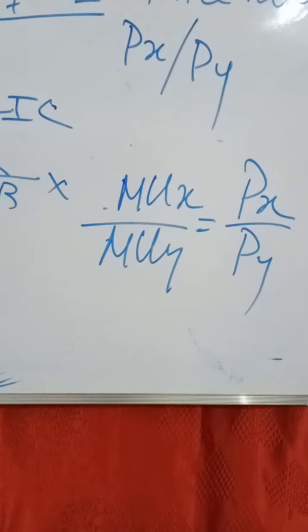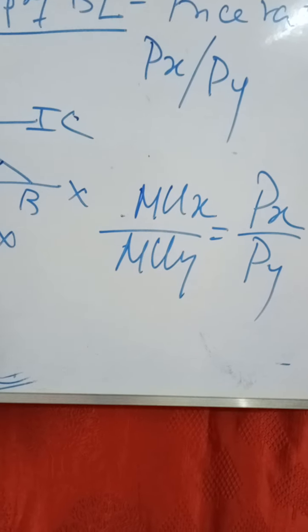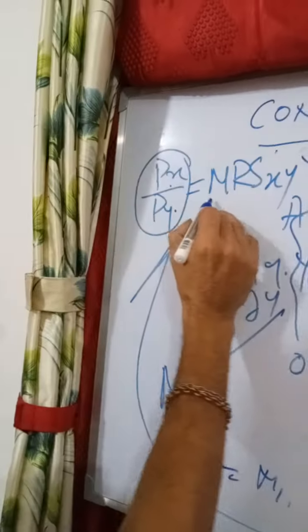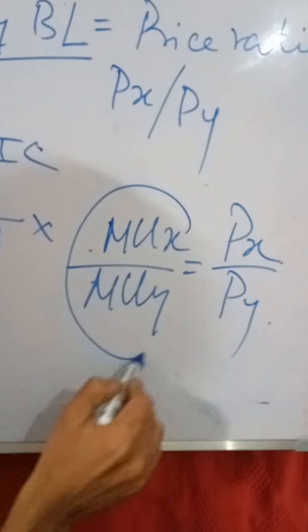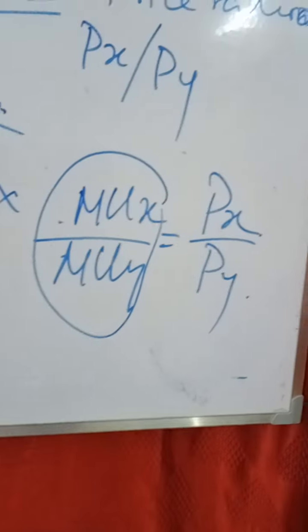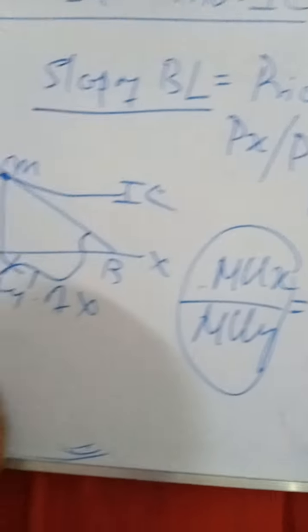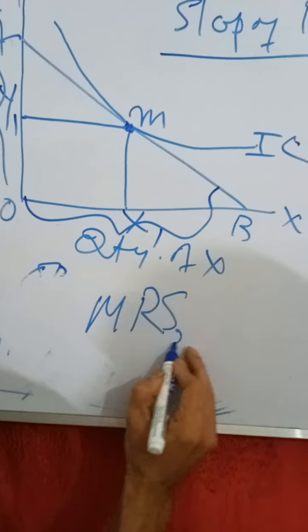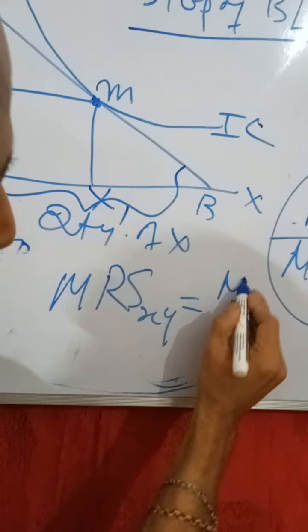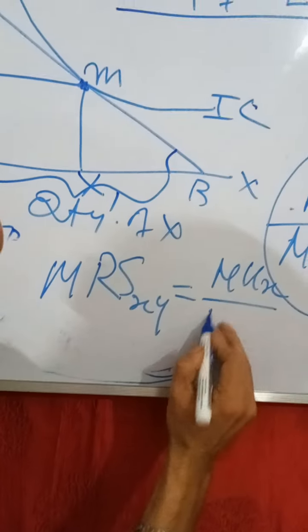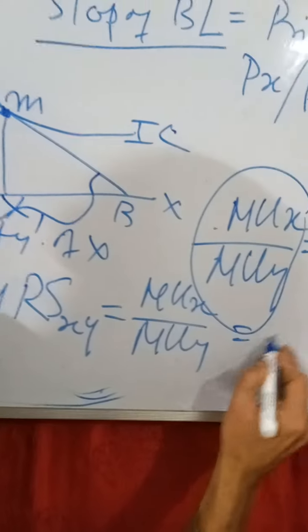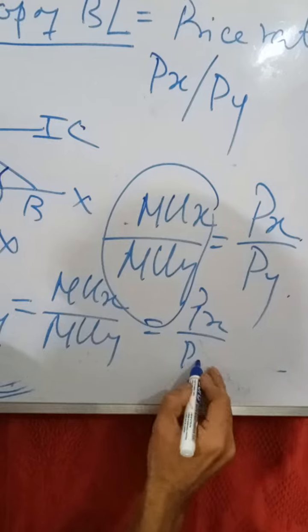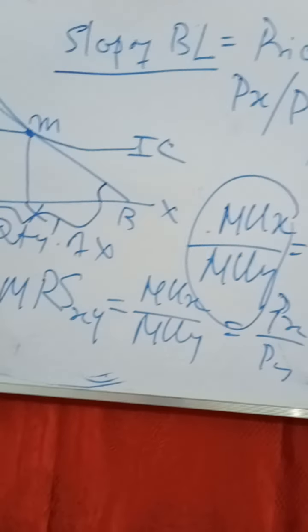So ultimately what we get? Px by Py equals MRS XY. On the other hand, Px by Py is equal to MUX by MUY. So ultimately we get MRS XY is equal to marginal utility of X by marginal utility of Y, which is equal to Px by Py.